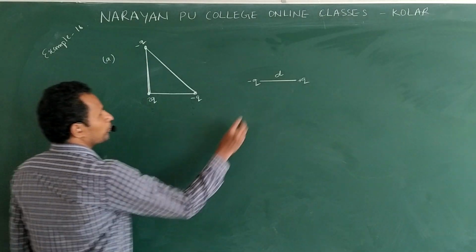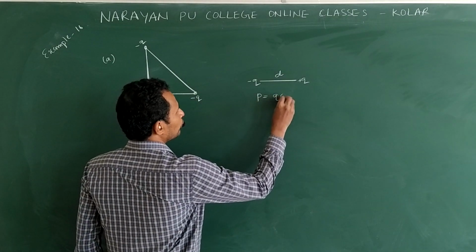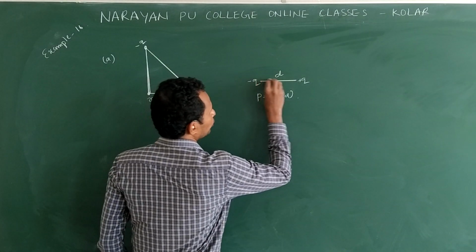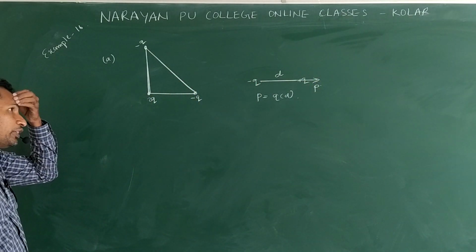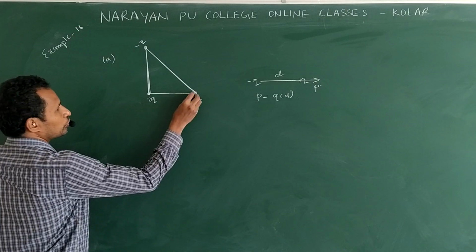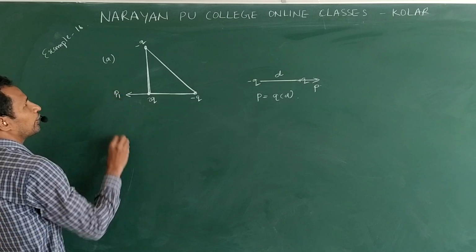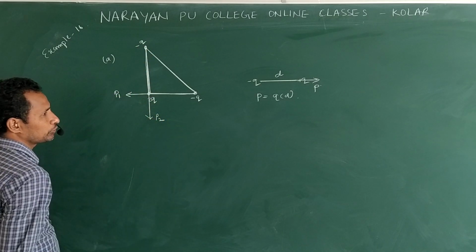Now the dipole moment P, what is the formula? P is equal to charge into distance. This always acts from negative to positive. So this dipole moment acts in this direction, let us say this is P1, and this one acts in this direction, this is P2.